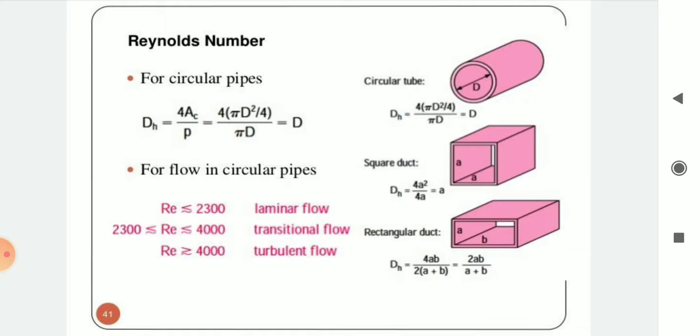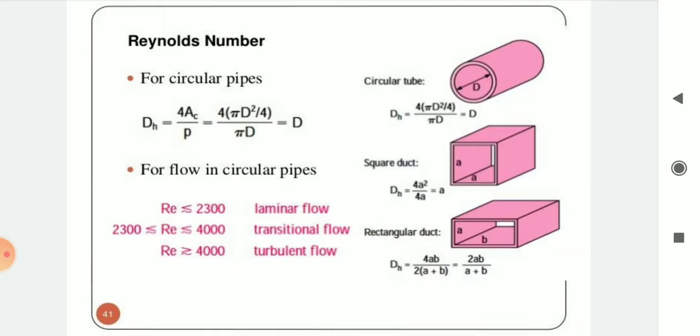So for flow in circular pipes, laminar flow has Reynolds number less than or equal to 2300. For transitional flow, Reynolds number is between 2300 and 4000, and for Reynolds number greater than 4000, it is turbulent flow. You can see the different shape images.